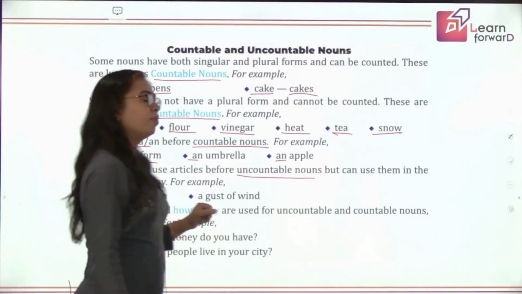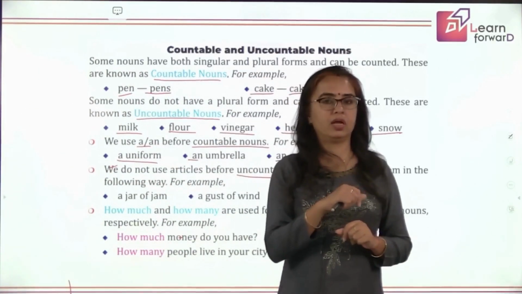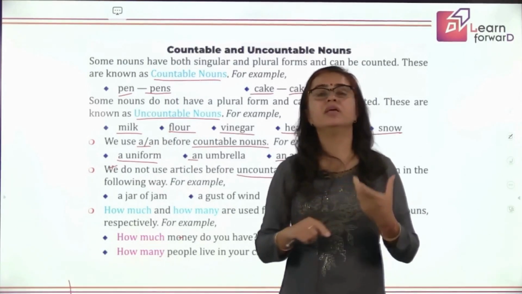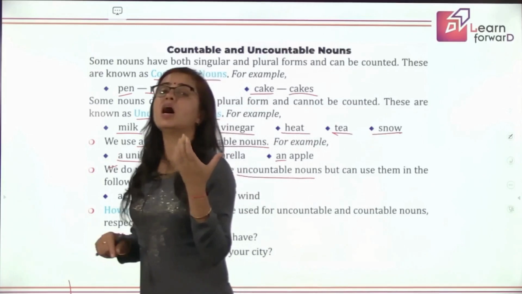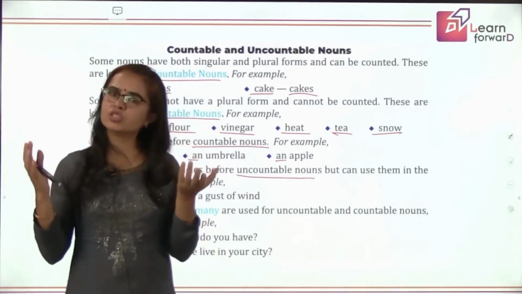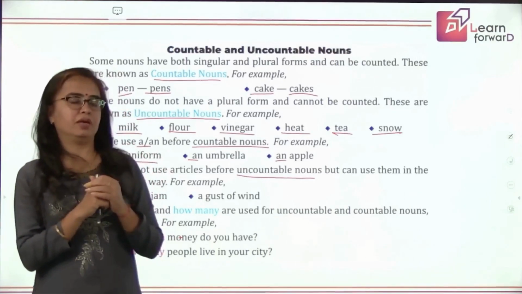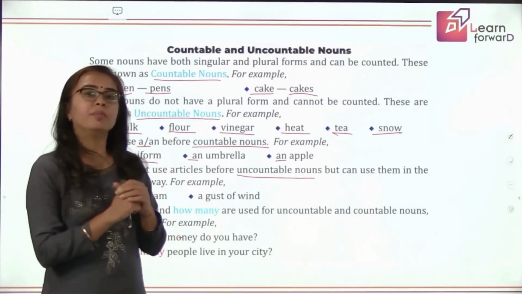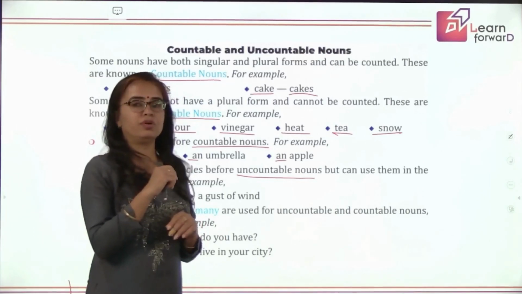When we talk about how much and how many, that is also important. How much is used to ask a question about something that is uncountable. How much water do you drink? How much milk do you drink? But if I ask, how many glasses of water do you drink in a day?